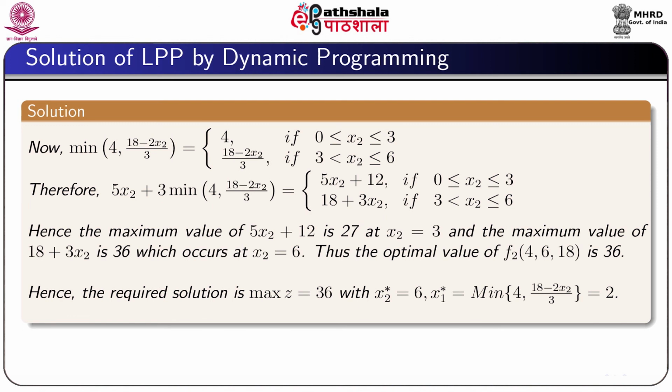Hence, the optimum solution is max z equal to 36 with x_2* equal to 6 and x_1* equal to the minimum of 4 and (18 minus 2x_2) by 3. If we put the value of x_2 here, we find the minimum as 2. So, x_1* equal to 2.